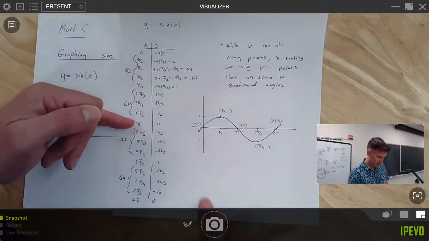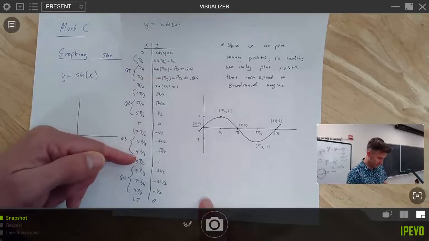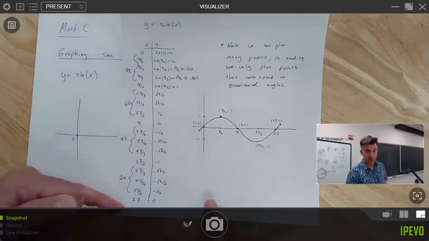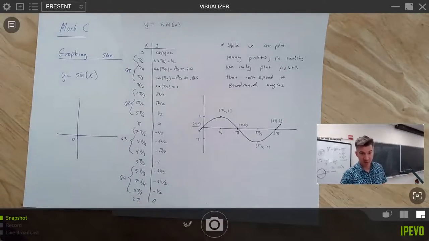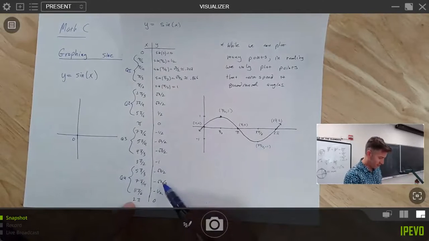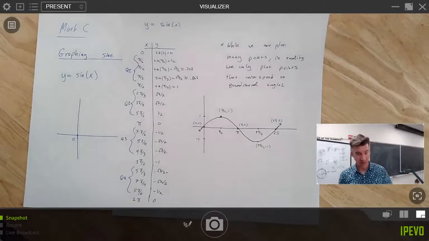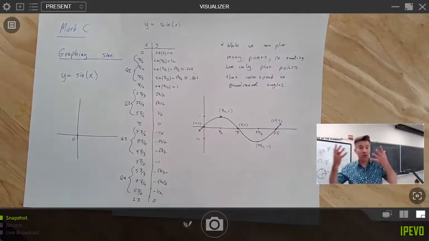In quadrant 3, we go from 0 down to -1. And in quadrant 4, we go back from -1 up to 0. But we always hit the same 3 values, 1/2, root 2 over 2, and root 3 over 2. Sometimes they're negative and sometimes they're positive. I don't think of any of that when I actually graph sine or cosine, but that knowledge should be there.